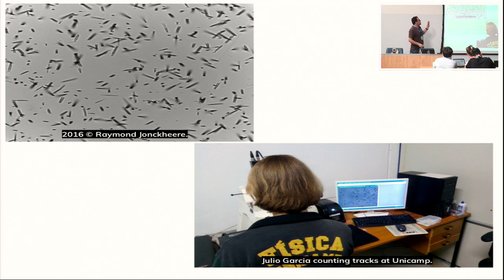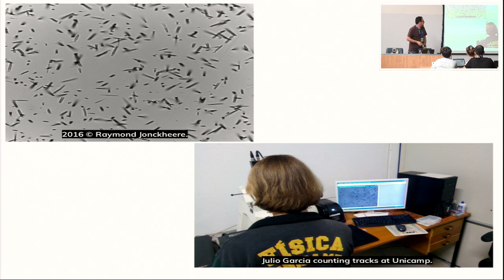You have, for instance, 100 images, 50 from the mineral and 50 from the irradiated detector. You count several of them, and you put them in that equation. And researchers do that by hand on the microscope.